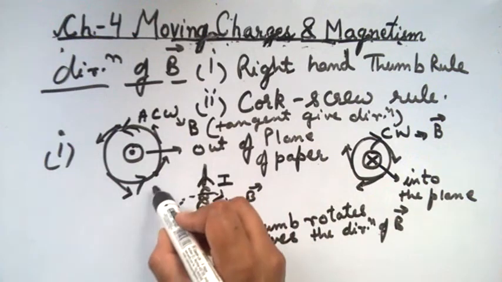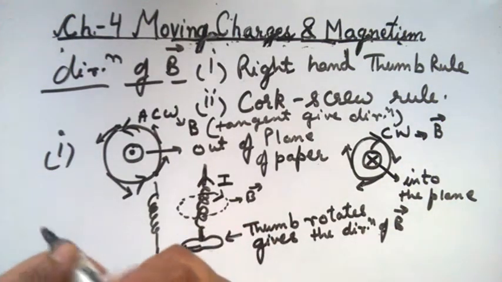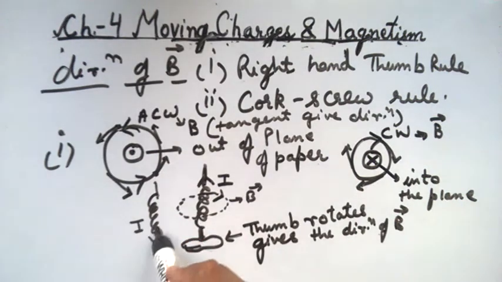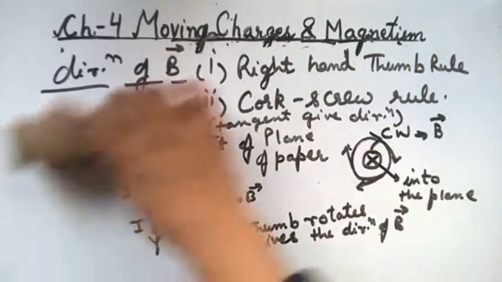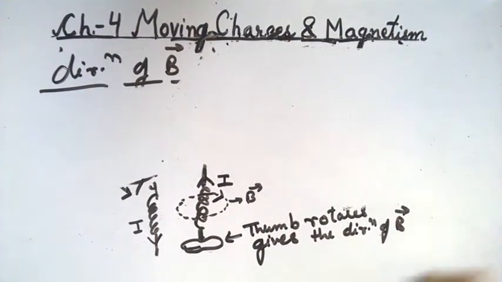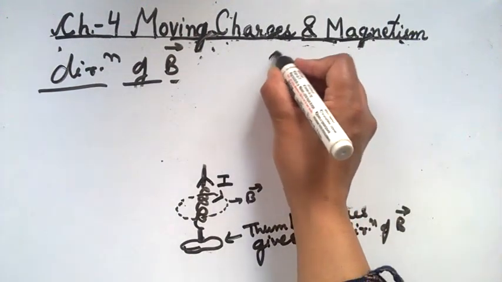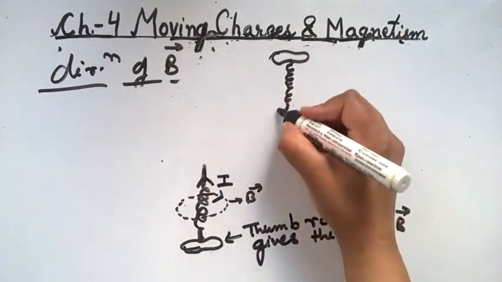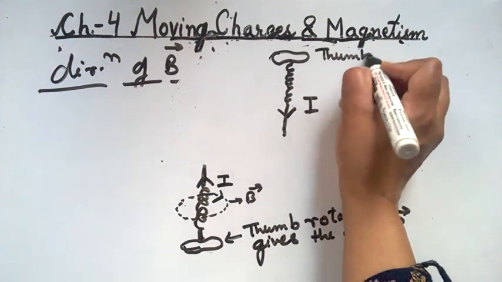Similarly, if the screw is advancing in the opposite direction, the screw gives the direction of current, and the direction in which the thumb rotates gives the direction of magnetic field.